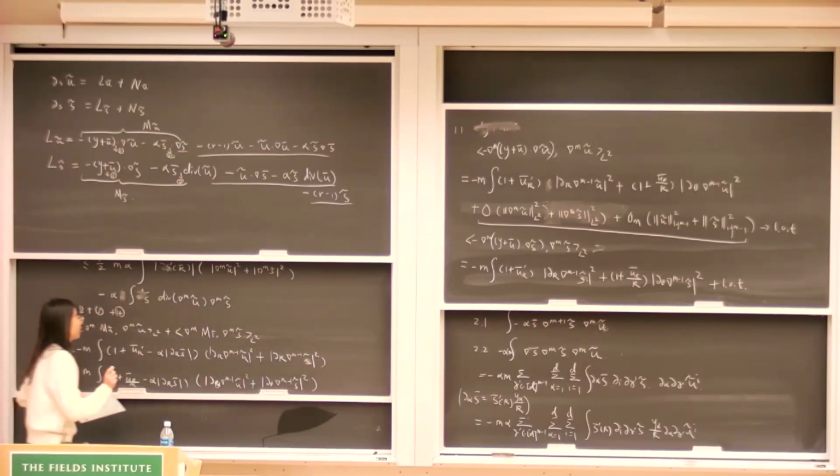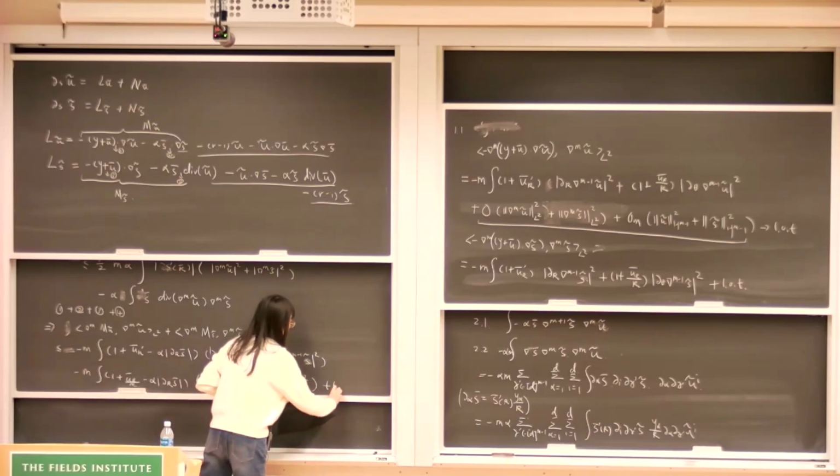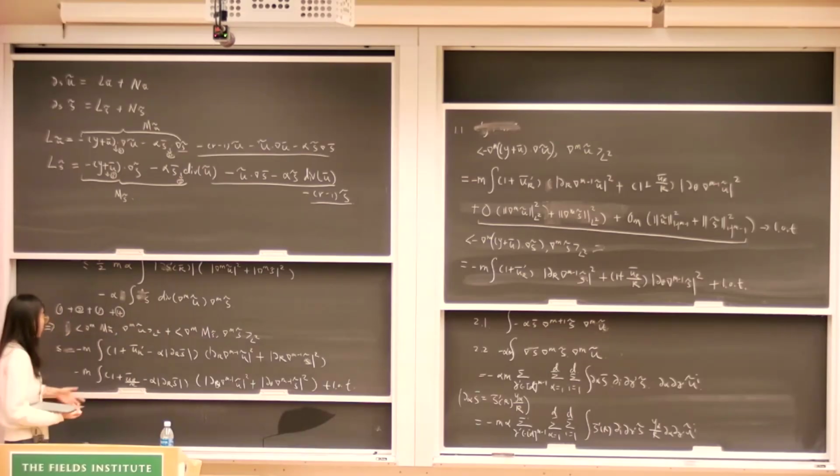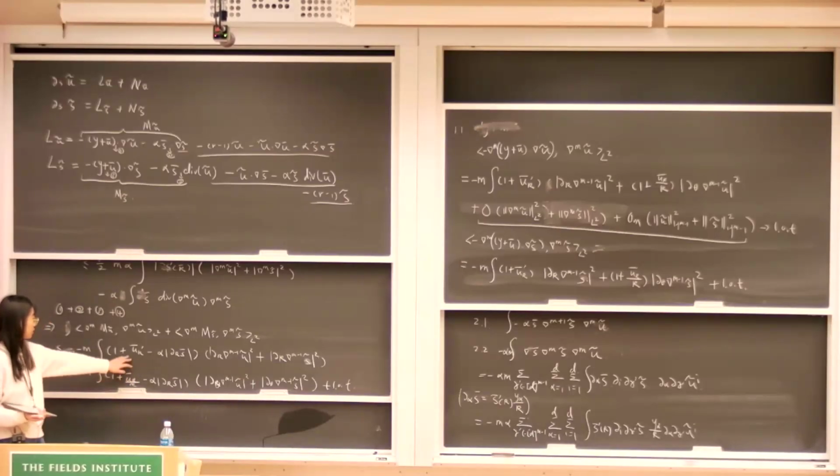So that's what you get, and the others are lower order terms. So when the M is sufficiently large, this gives you dissipativity. As long as this is positive, and those are positivity conditions satisfied by the profile, the self-similar solutions.